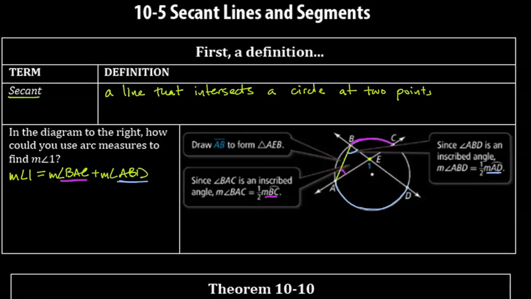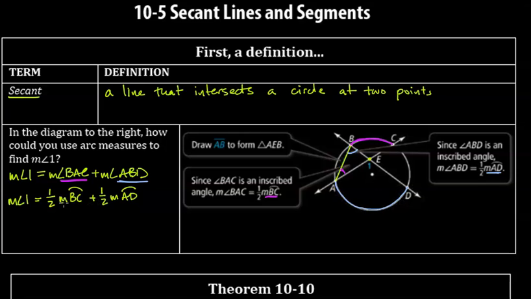And so what I'm going to do now is take this equation and substitute for the measure of angle BAC. I'm going to say, well, that's half of the measure of arc BC. And for the measure of angle ABD, I'm going to substitute half of the measure of arc AD. So now angle 1 is equal to half of arc BC plus half the measure of arc AD.